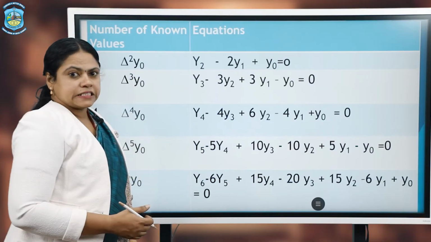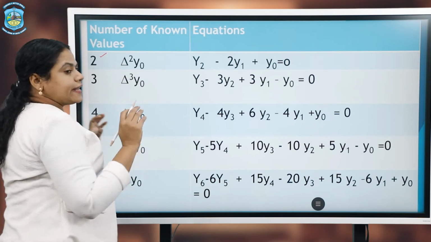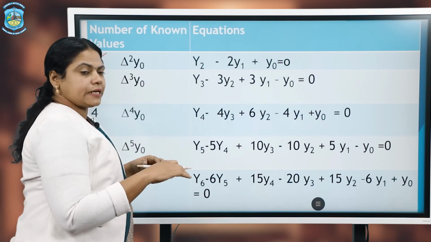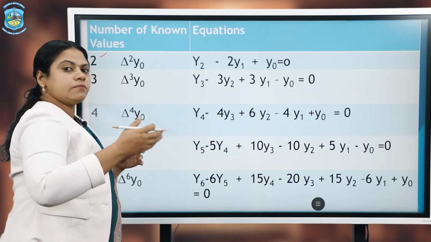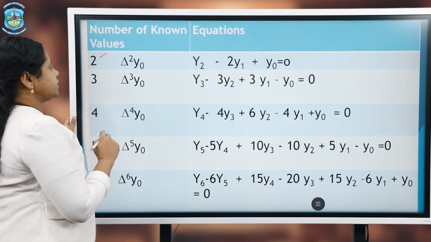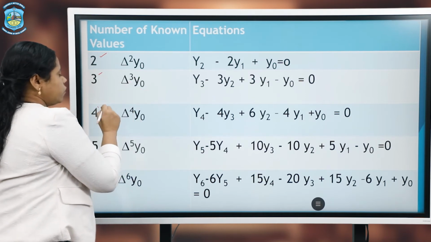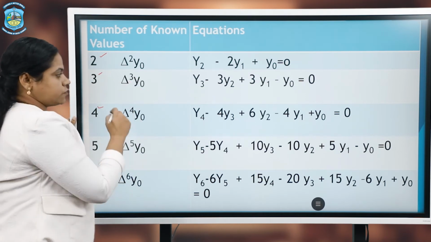Here are some examples. If 2 values are given in the question and we have to interpolate the third one, then we go for del 2 y0. If 3 values are known, then del 3 y0. If 4 values are known, del 4 y0, like that.